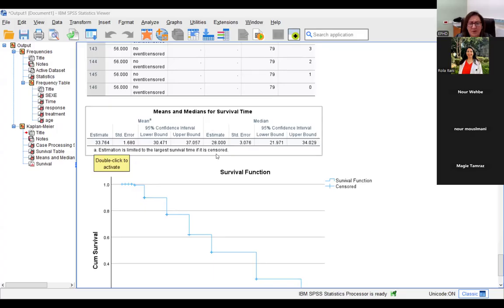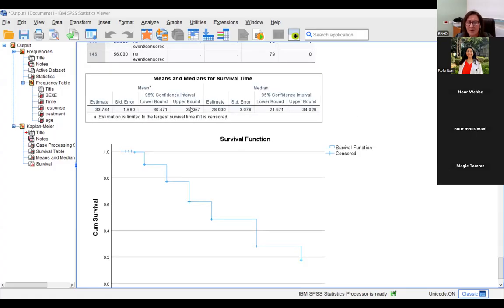However, the median, which is the time where 50% have developed the event, is 28 months, which is good to have. When you report summary statistics on survival, you can say the mean, but the mean is not informative because of the skewness of the data. One of the good summary statistics in survival data is the median survival time, which is the 28 months, as you see here.